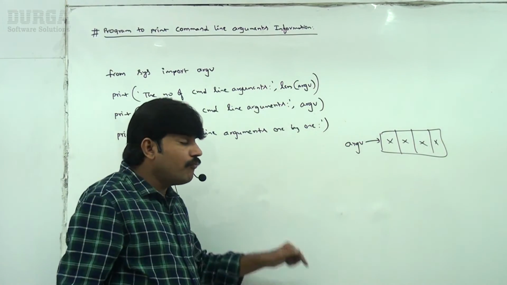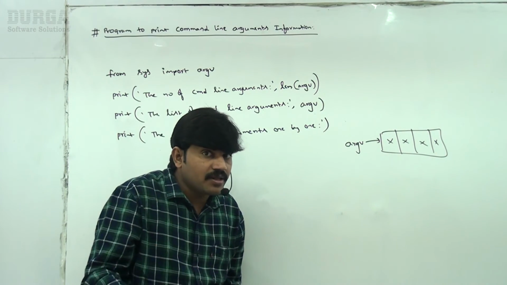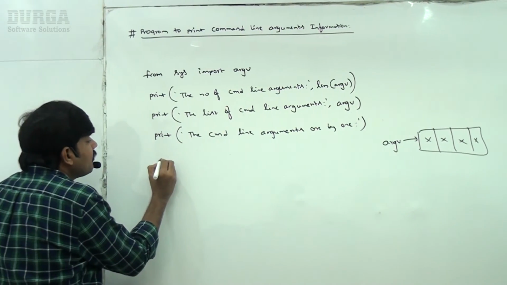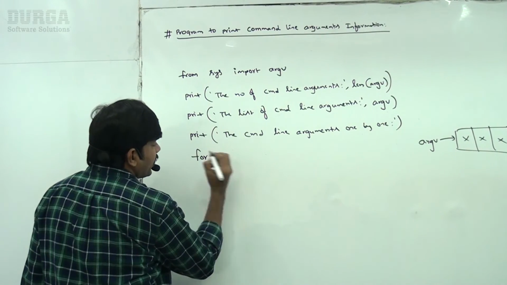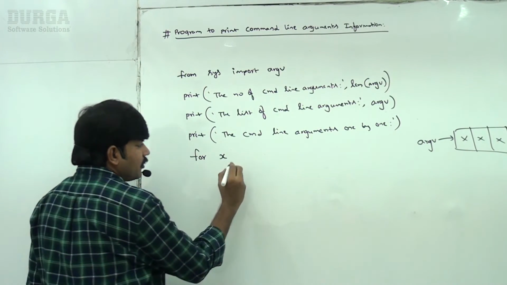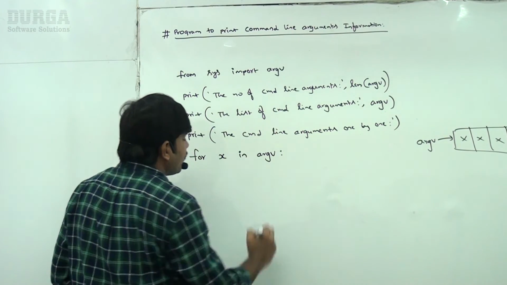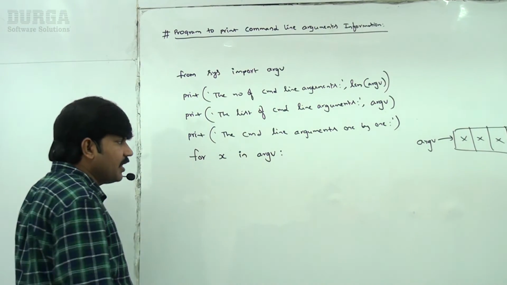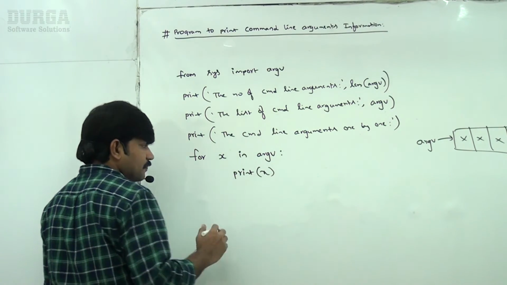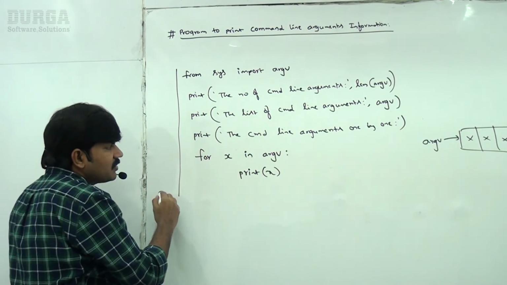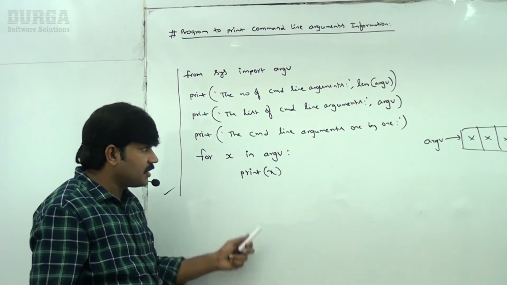Can you please print that? So a simple for loop I am taking, sir. For each x value in argv, print x. That's all. A simple program to print command line information is this one, sir.